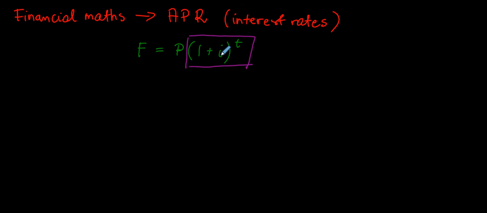Because the interest rate is connected with time. If I have yearly interest rate, therefore time is expressed in years. If I have monthly interest rate, therefore time is expressed in months, and so on if it is weekly. Now we don't go to daily, but we look at the monthly and the weekly.